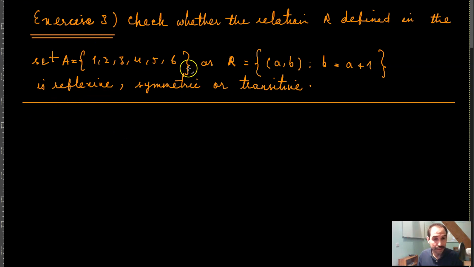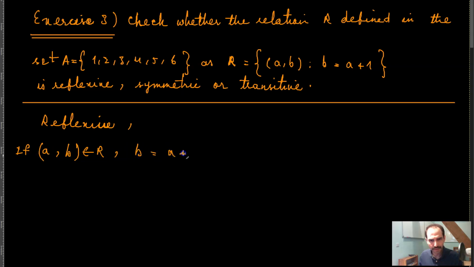Now, in order to decide whether R is reflexive, we use the rule: if (a, b) belongs to R, then b is equal to a plus 1, which means that b is not equal to a, of course.